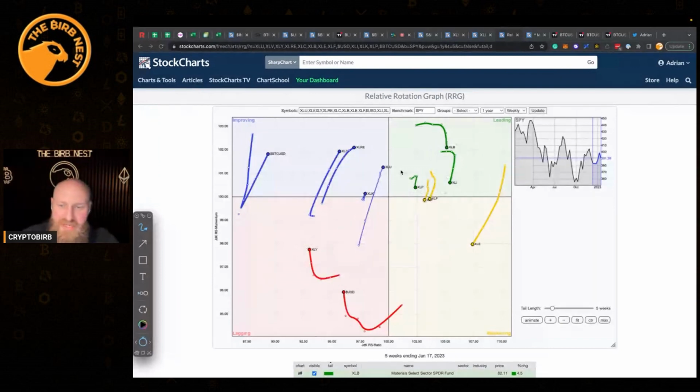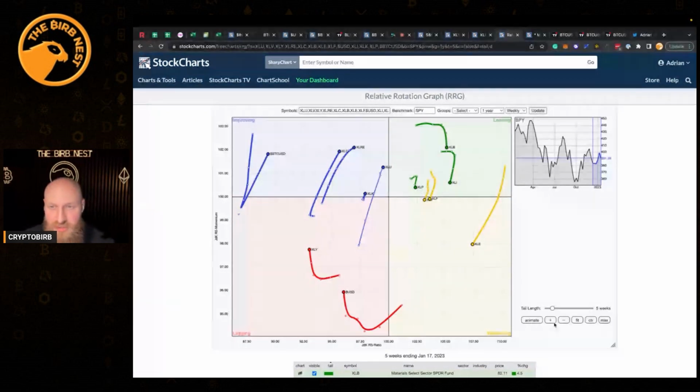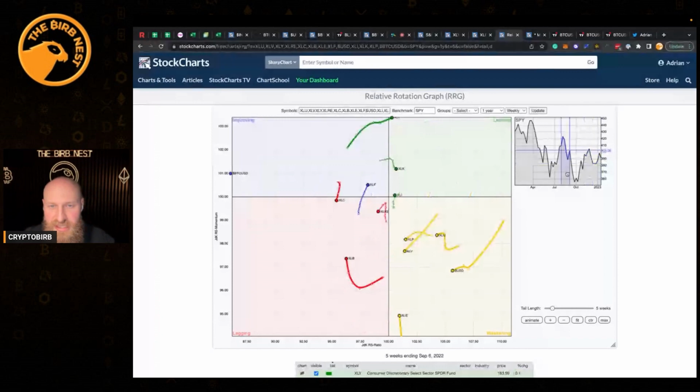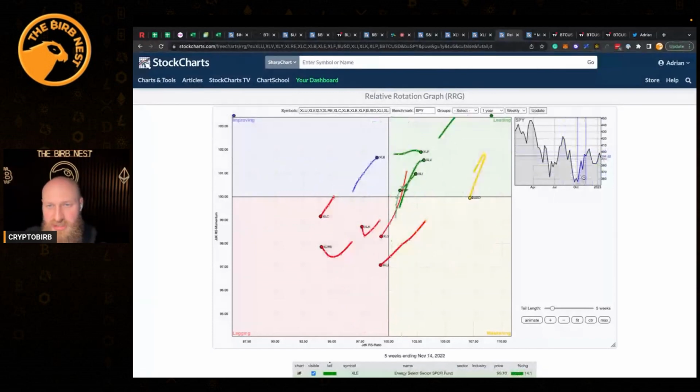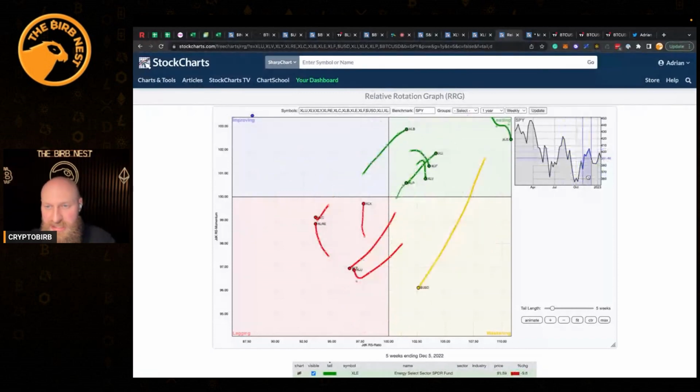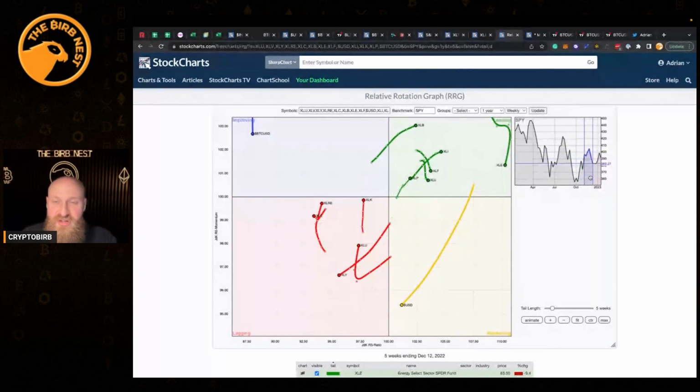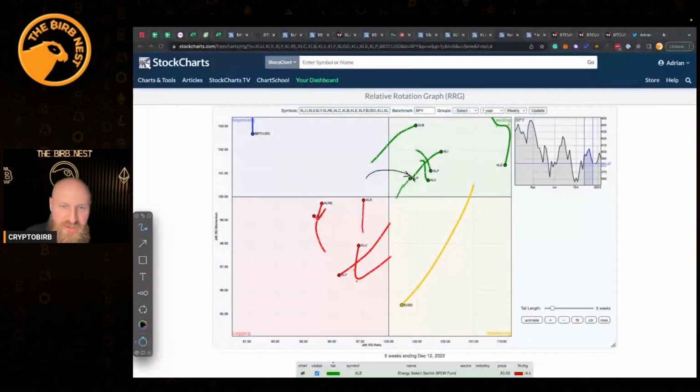And the way that these asset classes move is something we call sector rotation. You can tell that over time they change. The leaders move to the weakening quadrant, and the weakening quadrant moves to the lagging quadrant. There's a very big chance that these markets are going to continue to move from one quadrant to another, like some sort of spiral.